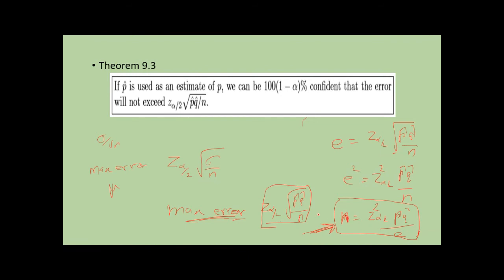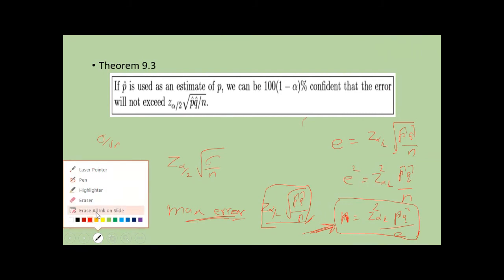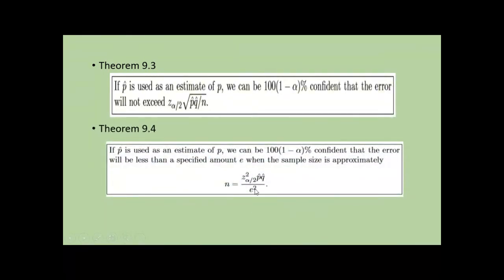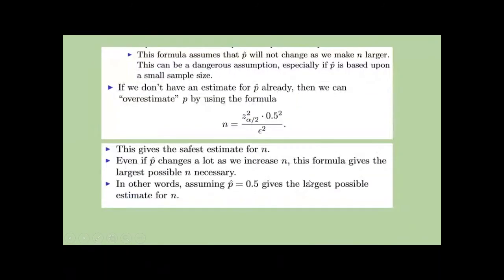This sample size will give you this maximum error. Fine, that's what is given on this page, the formula for finding the sample size for some percentage of confidence level. Assume that p bar will not change as we make n larger.